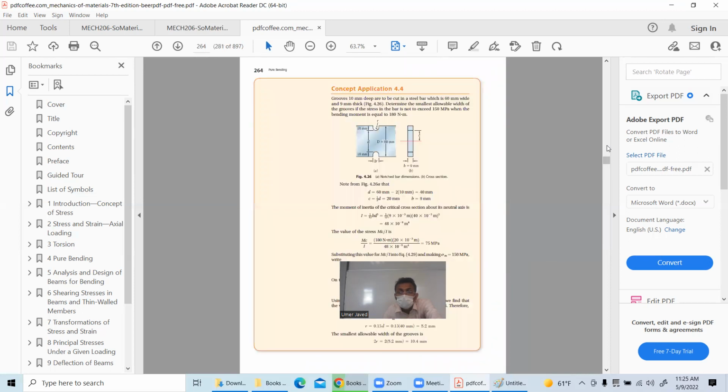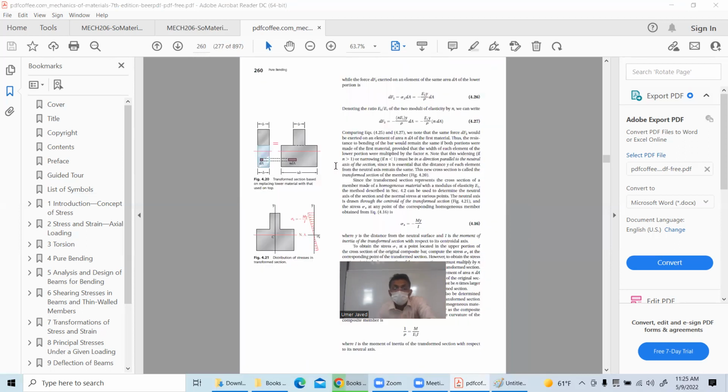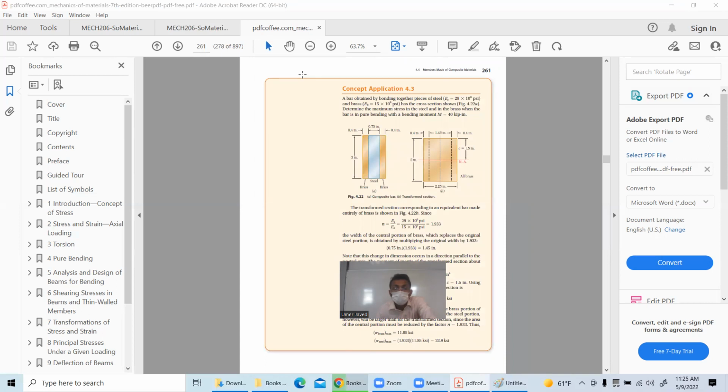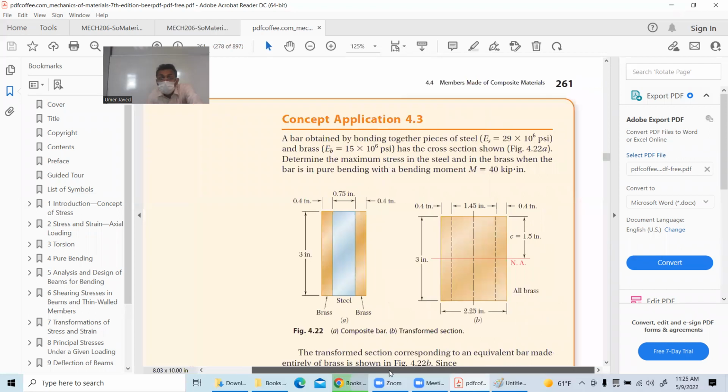Yeah, this one. So look, a nice example. You can do it from your textbook. The question says that you have a bar obtained by bonding together pieces of steel and brass, with the cross section shown. Determine the maximum stress in the steel and in the brass when the bar is in pure bending with a bending moment of 40 kip-inches.